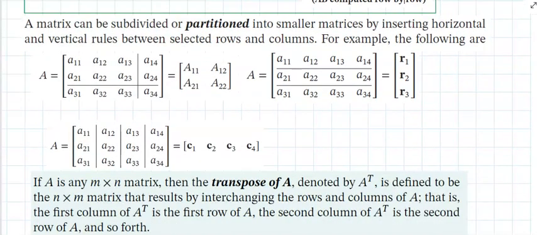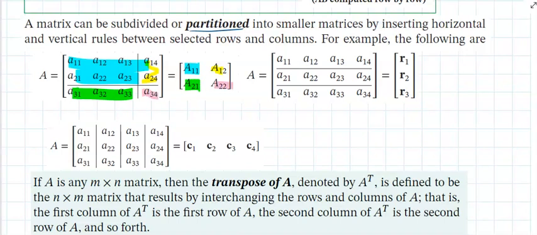Partitioning, we don't do that a lot, but you could partition a matrix. So a matrix can be subdivided into smaller matrices by inserting horizontal and vertical rules between selected rows and columns. For example, you could call this A11, A12, A21, and A22 if you wish.